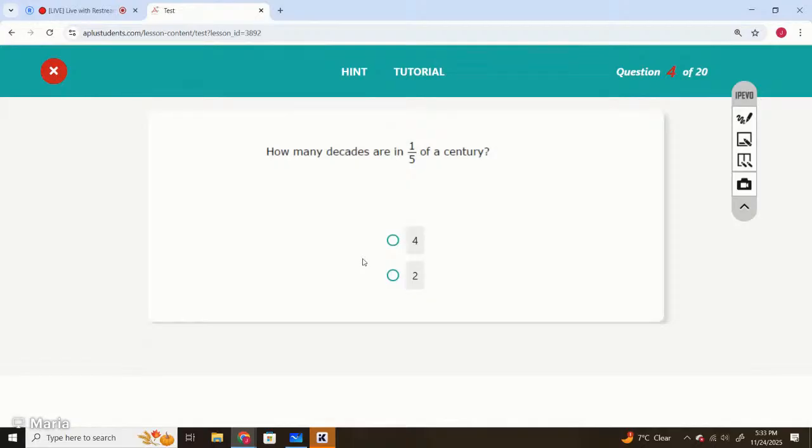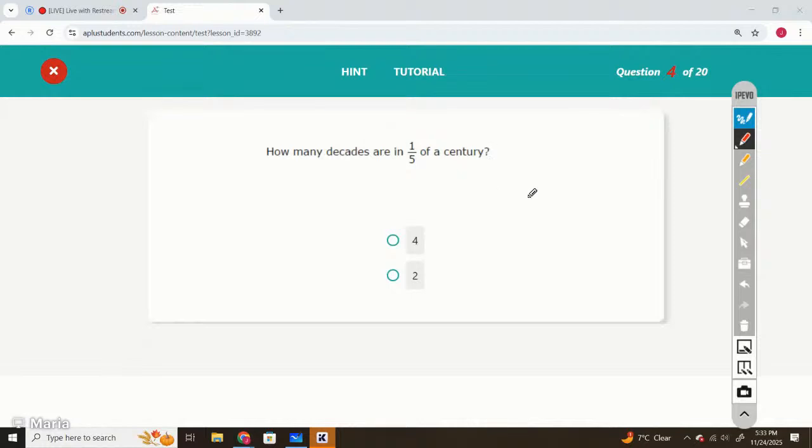So in a century we have 10 decades, right? So 1/5 of a century means 1/5 times 10. So we have to do 10 times 1 is 10, 5 times 2 is 10. The correct option is 2. Option number 2 is the correct option. That is 2.